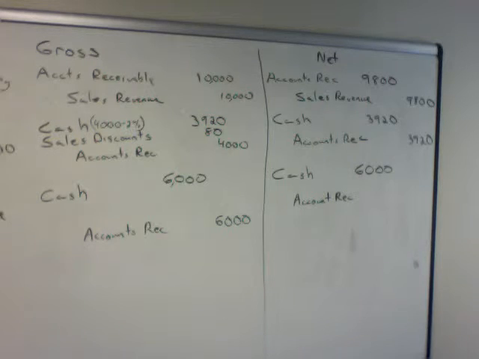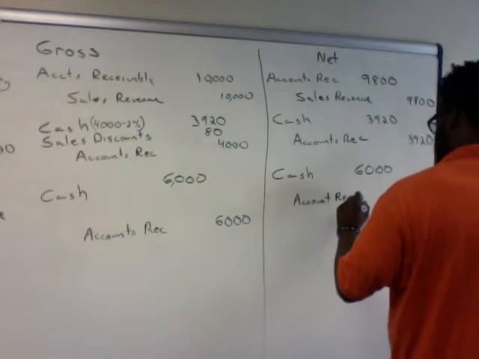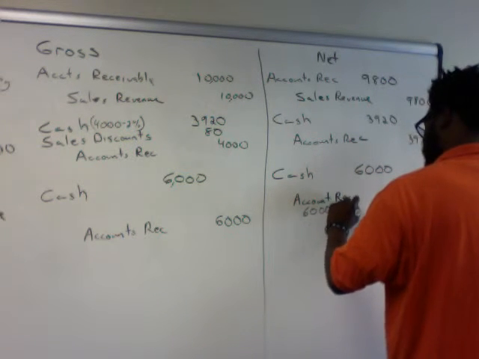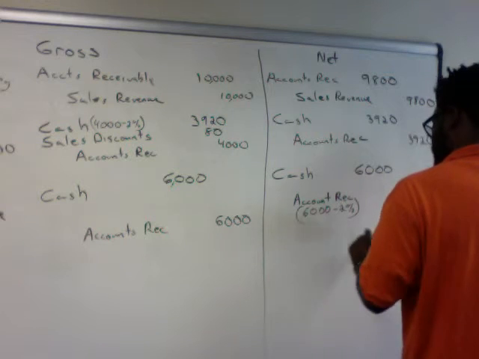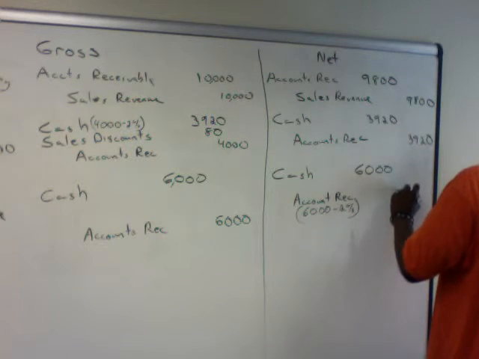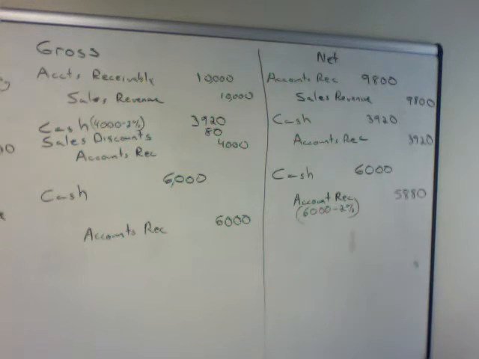And so we have $6,000, and 2% of $6,000 would be $120. So we're going to take $6,000 minus 2%, and that's going to give us $5,880.